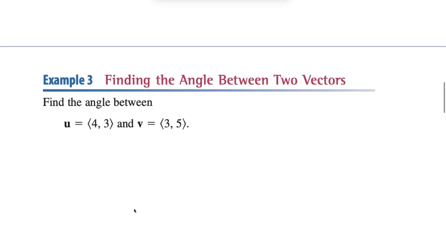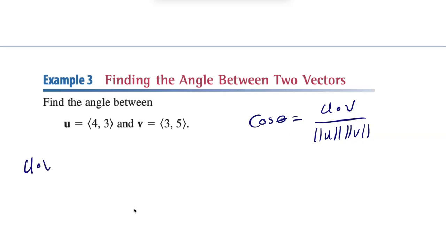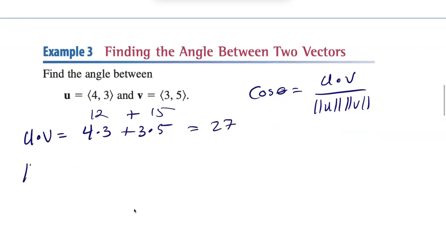If I want to find the angle between these two vectors, it's going to be u dot v over the magnitude of u and the magnitude of v. So let's find u dot v first. That's going to be 4 times 3 plus 3 times 5, so 12 plus 15, so 27. Now we need to find the magnitude of u.